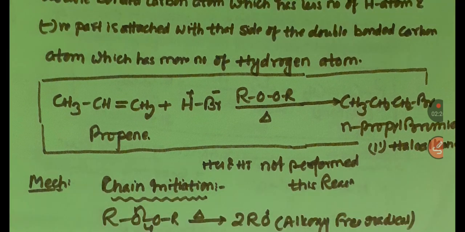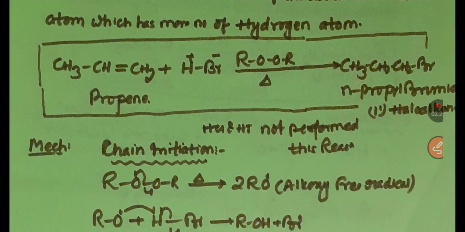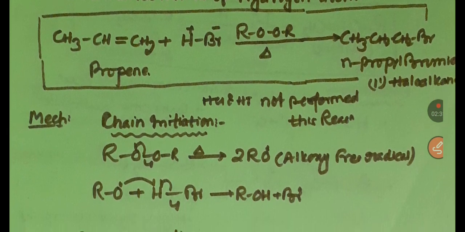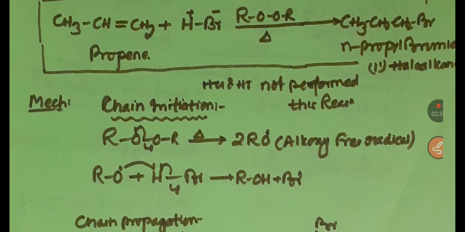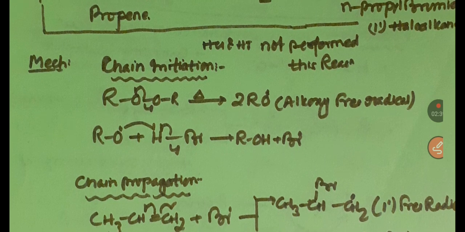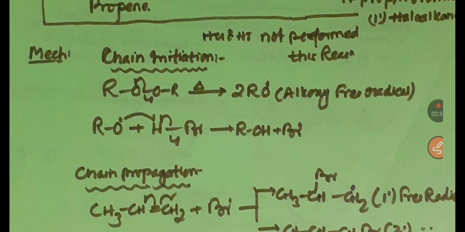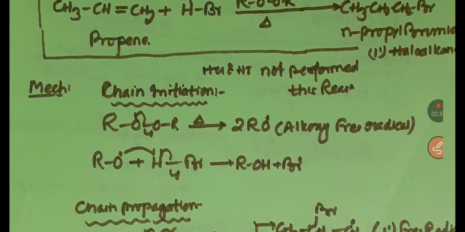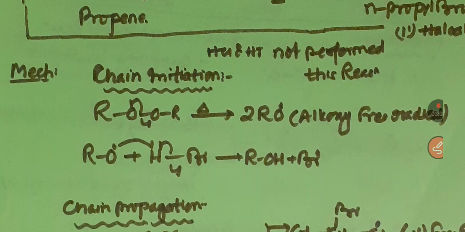Now this reaction is carried out in 3 different steps by the help of free radical, and these 3 different steps are chain initiation, which involves the formation of free radical, followed by chain propagation, where the free radical interacts with the reactant molecule and forms the final product, and chain termination, that is the last step involving stopping of chain reaction. So we'll discuss each and every single part. First start with chain initiation.